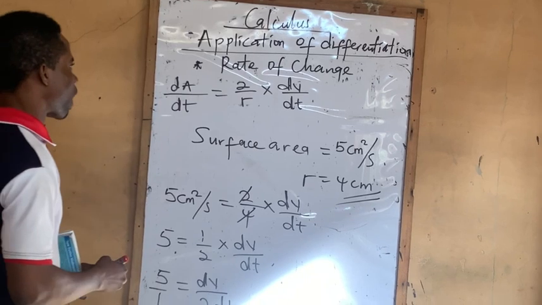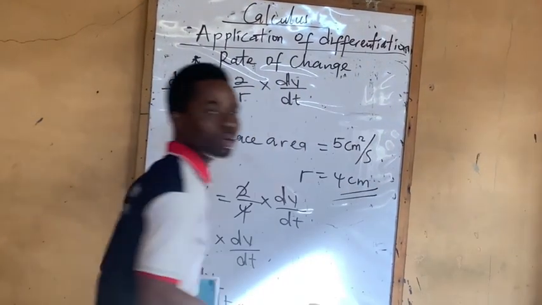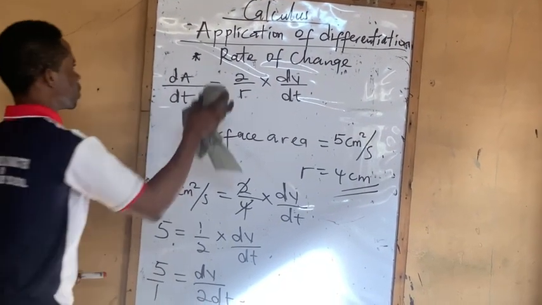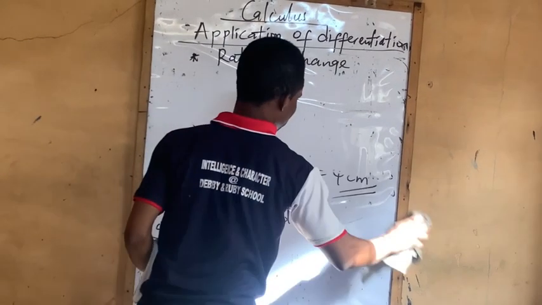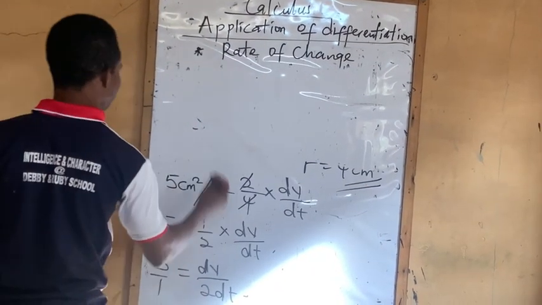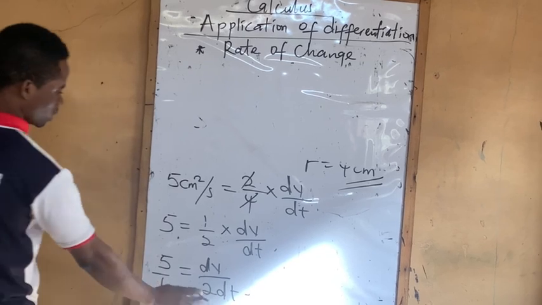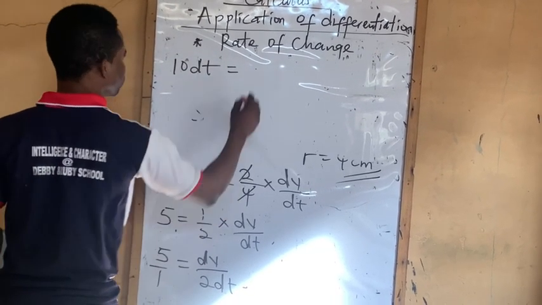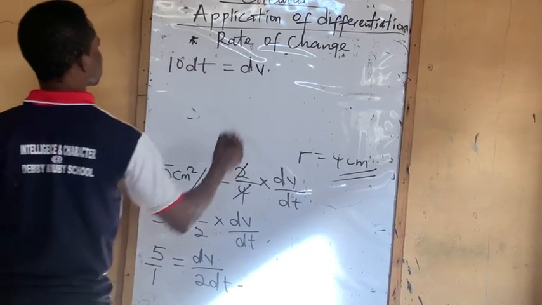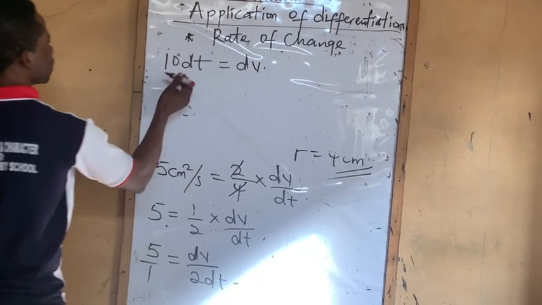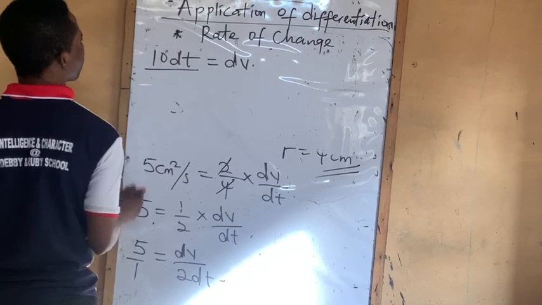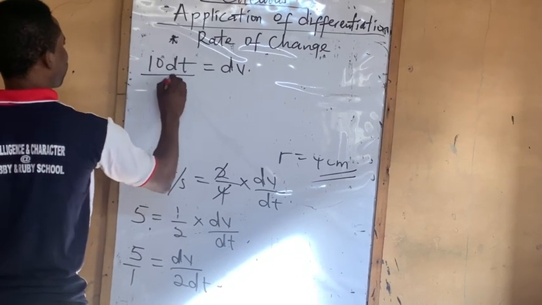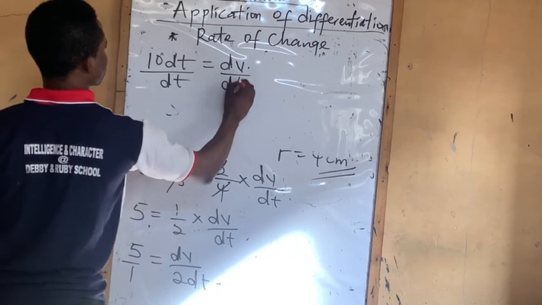I'll just cross multiply. If I cross multiply, what will I have? That is 5 times 2 dt, that is 10 dt equals dV. Do not forget what I am looking for: dV over dt.